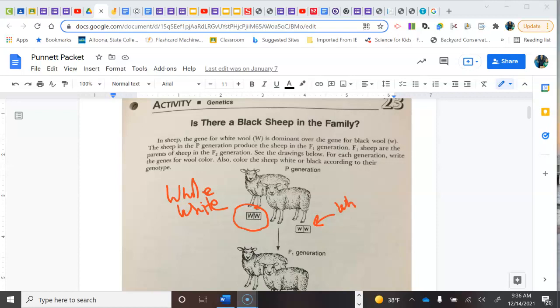Oops. This one, little w, is black. The other little w is black. This is homozygous recessive. So this sheep right here would be black, and then you'd color it in black.